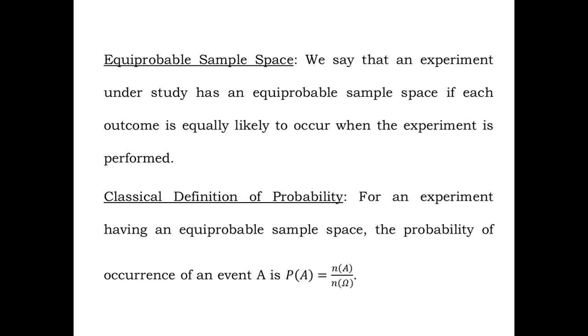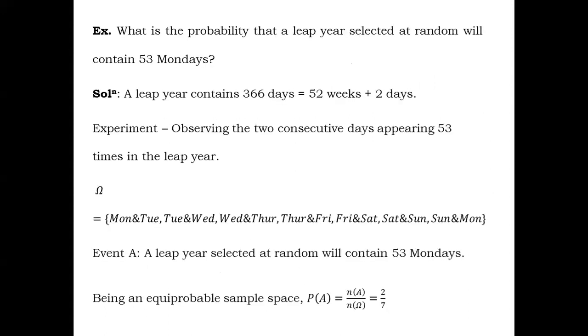But for those experiments having an equiprobable sample space, the probability of occurrence of an event is defined as the ratio of the number of outcomes favorable to that event to the total number of outcomes. This is called the classical definition of probability.